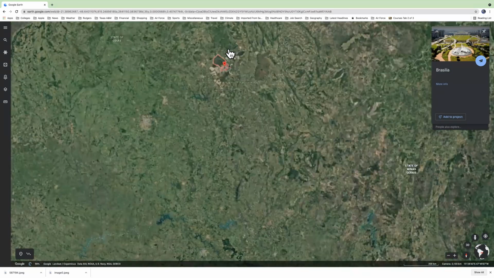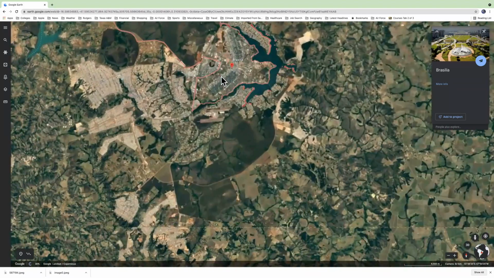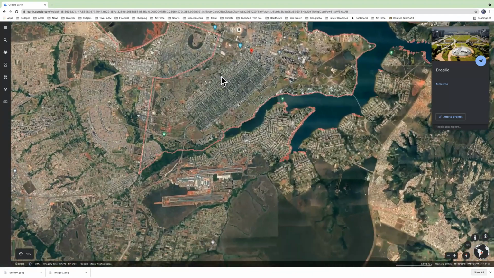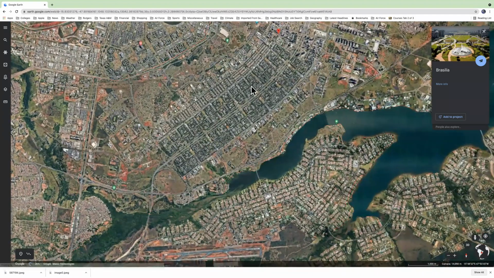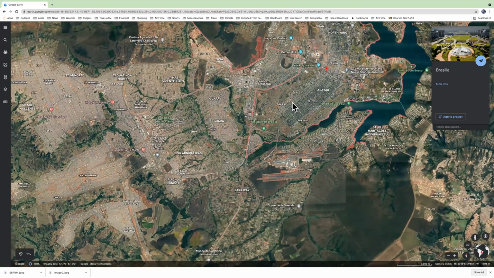If you go in, you can see it is more organized and less organic in its look. It's very populated right now. This is the capital of Brazil.